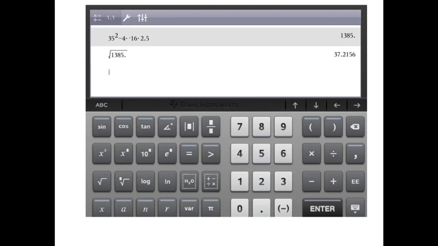Looking at the calculator app for doing some of these calculations, I've put in 35 squared minus 4 times a times c, just plugging in the values that I get from the standard form of the equation, and that comes out to 1,385. I take the square root of that, and I get the number I'm looking for. It is 37.22.